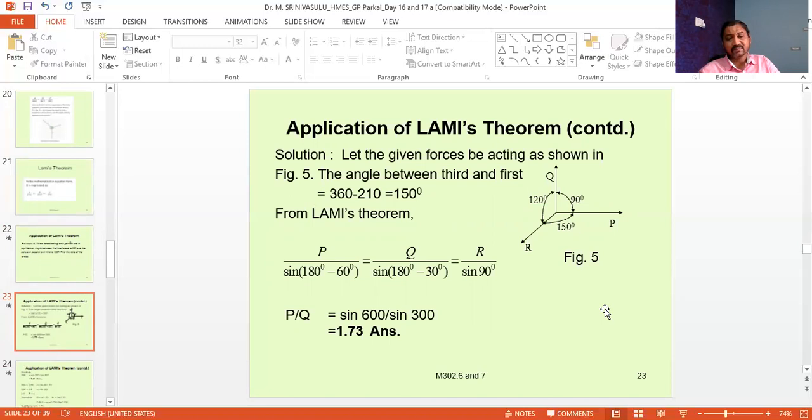Lami's equation is P by sin alpha is equal to Q by sin beta is equal to R by sin gamma.